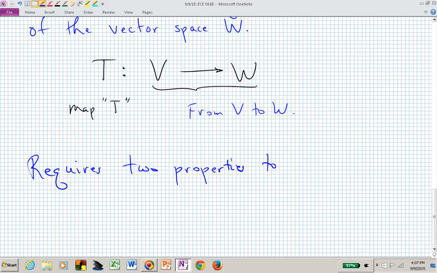So this map requires two properties to qualify as a linear map.